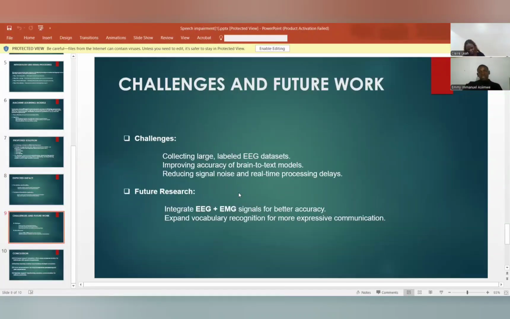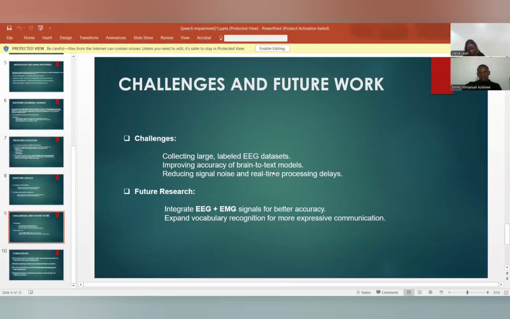Then challenges and future work. The challenges we had were that we had to look for a dataset that had brain signals, EEG signals, which were currently not available. And then we had to improve the accuracy of brain-to-text models. So we have to evaluate the models, we shall create multiple models, though right now we only have the ECG report.